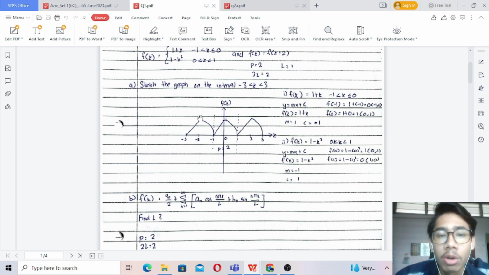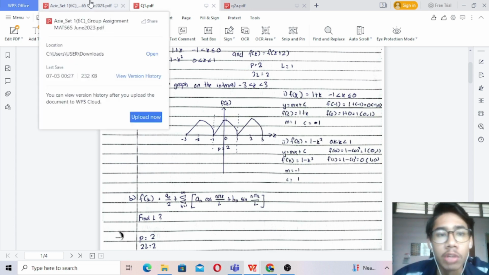Then we plot the graph on the interval negative 3 to 3. Before I forget, we have to find the period: P = 2L, and 2L = 2, so L = 1. That is the answer for question A.